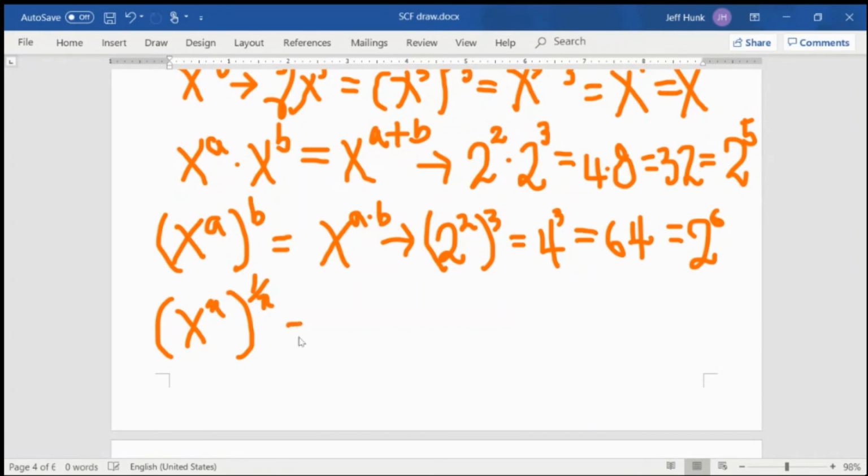And through the same process, x raised to n times 1 over n will be exactly x. Now, these are the properties of exponents that we need to solve that problem.